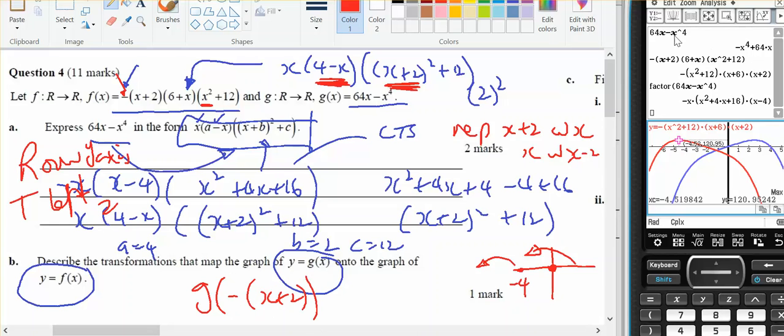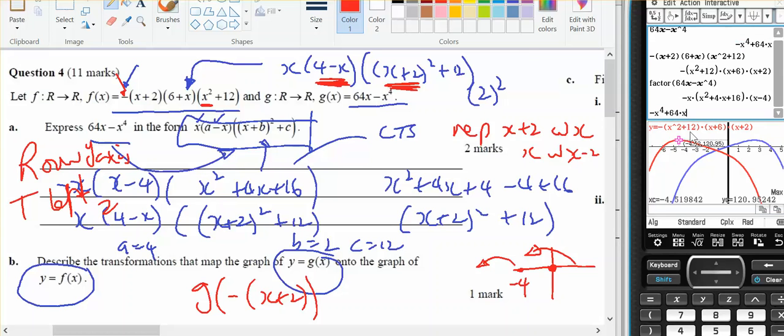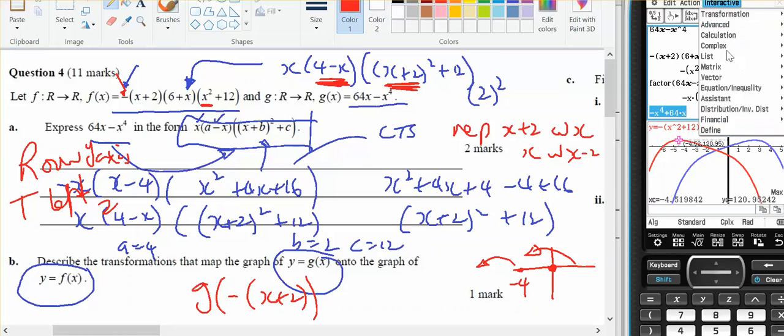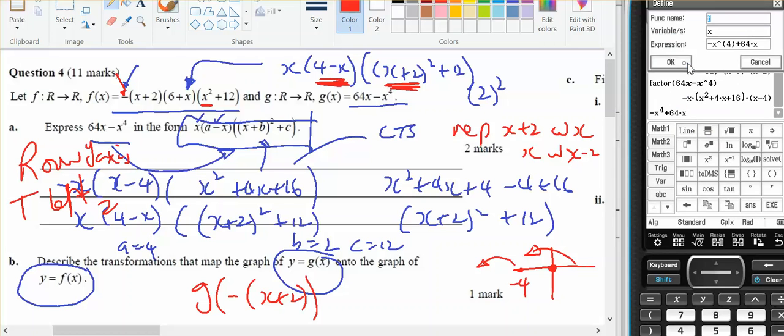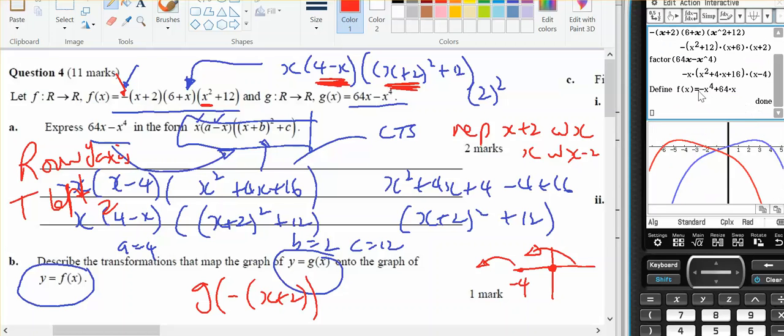So if I take this and define it, interactive define, okay, and I take this and I do negative bracket x plus 2 close brackets, and I drag and drop it, it should sit on top of the red curve if these transformations are correct.